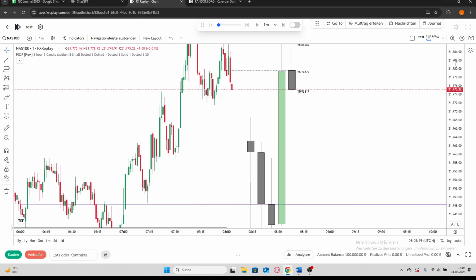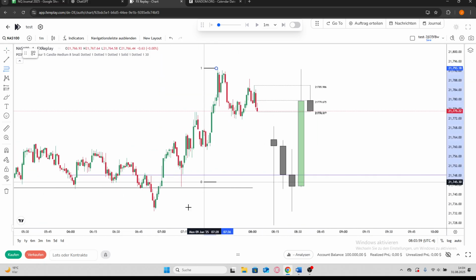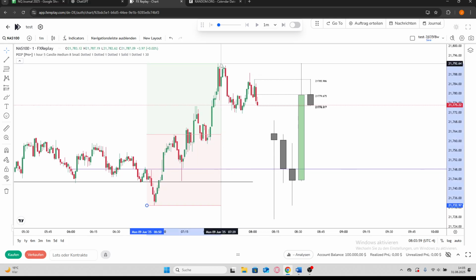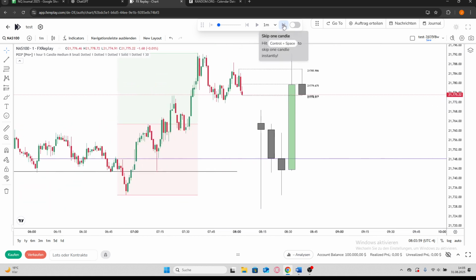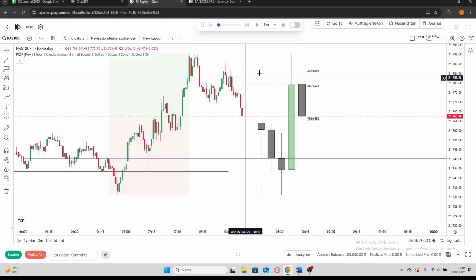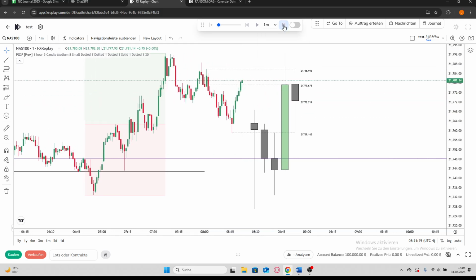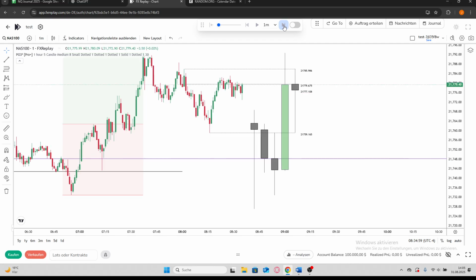And now step number 3, we want to use things like premium and discount for finding nice entries. Perfect, but I think we need to skip a little bit because we still have some time until 9:30.